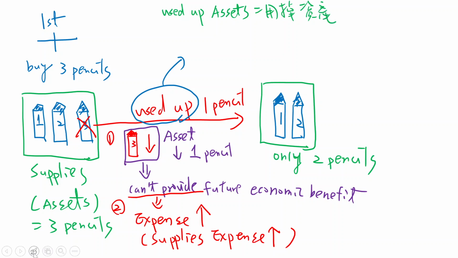Use up your assets means what? Means, of course, your assets will be decreased. At the same time, since you use up, they don't have future economic benefit. So your expenses will be increased.